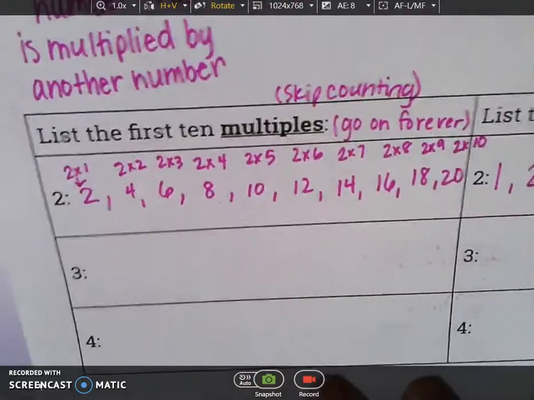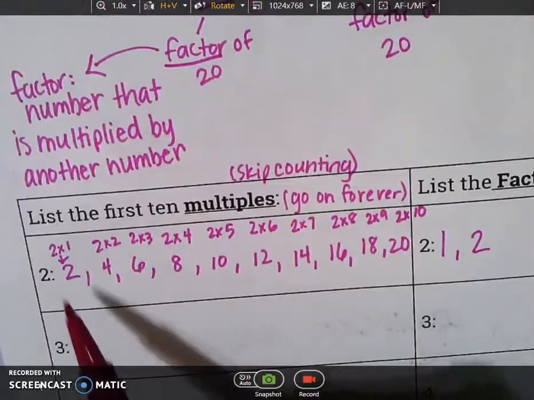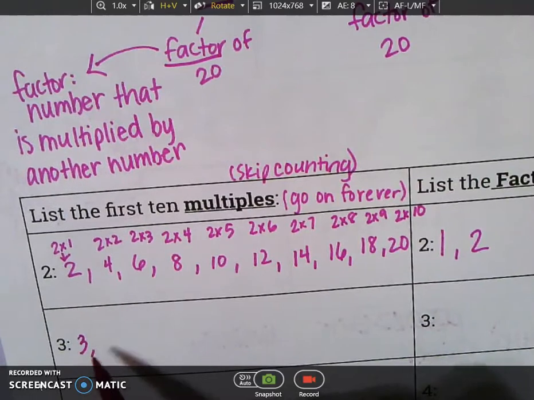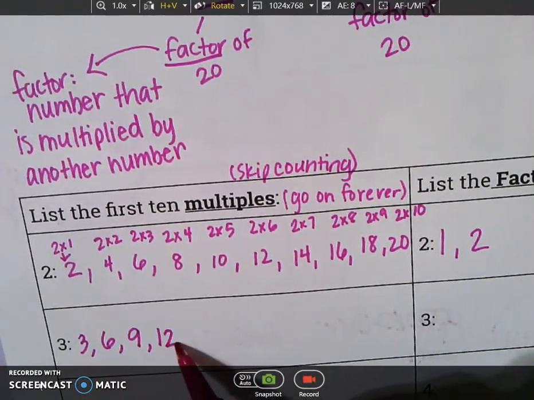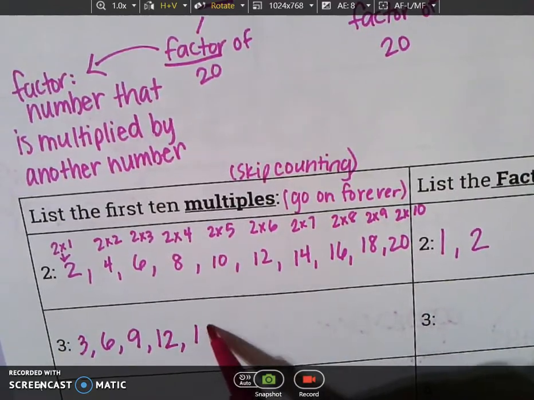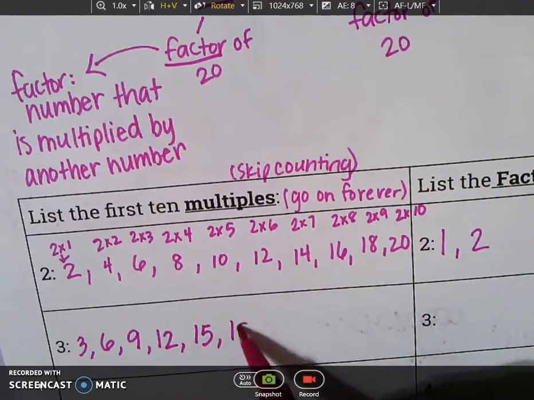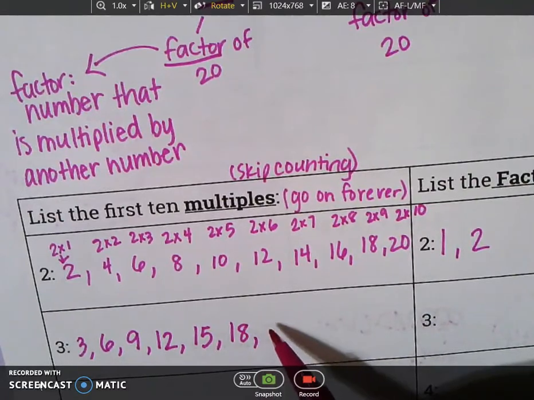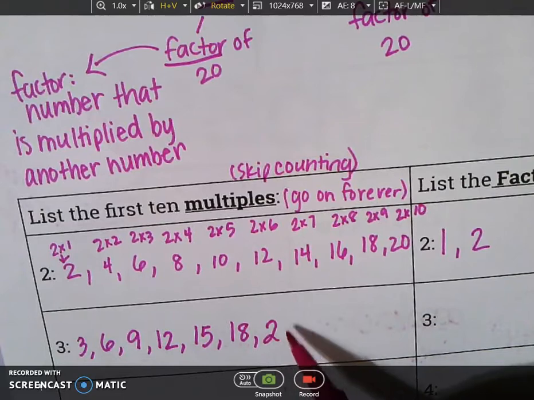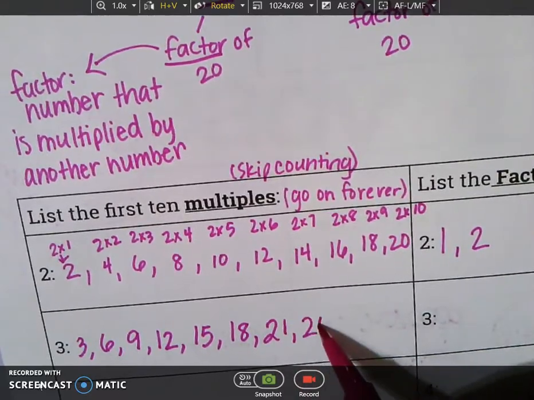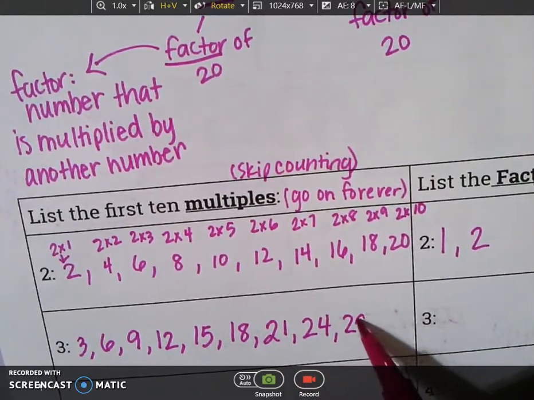Let's look at the multiples of 3. I'm going to do the same thing. 3 times 1 is 3. 3 times 2 is 6. 3 times 3 is 9. 3 times 4 is 12. 3 times 5 is 15. 3 times 6 is 18. 3 times 7 is 21. 3 times 8 is 24. 3 times 9 is 27.